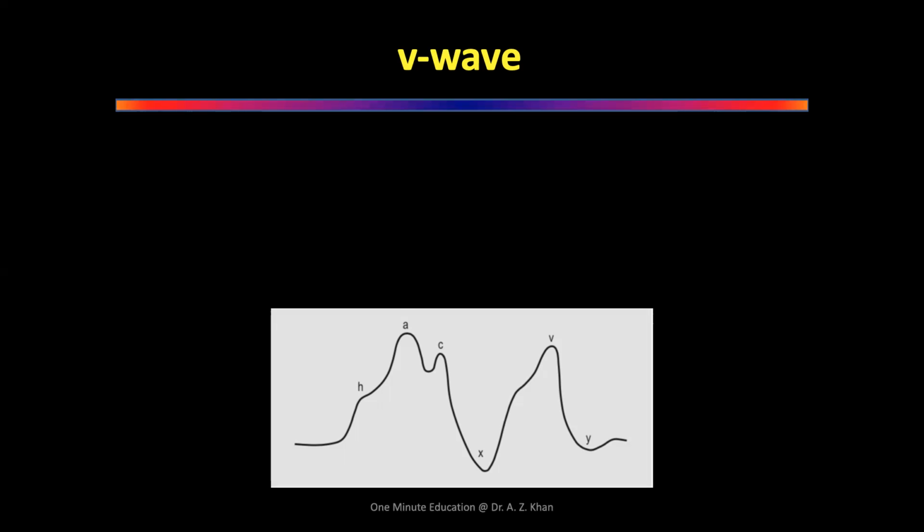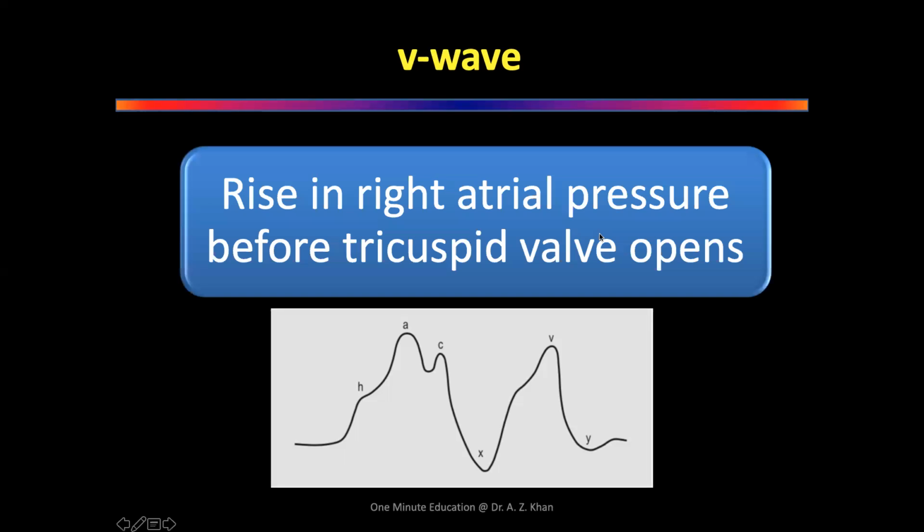Basic physiology. The rapid filling? So it is the rise in the right atrial pressure before the tricuspid valve opens. When the tricuspid valve opens, it goes down. Okay? So the V wave is the rise in the right atrial pressure before the tricuspid valve opens.